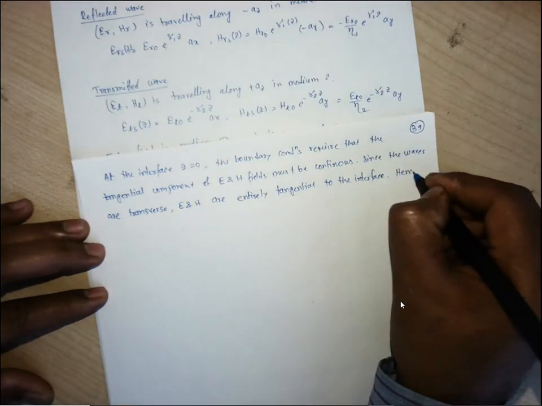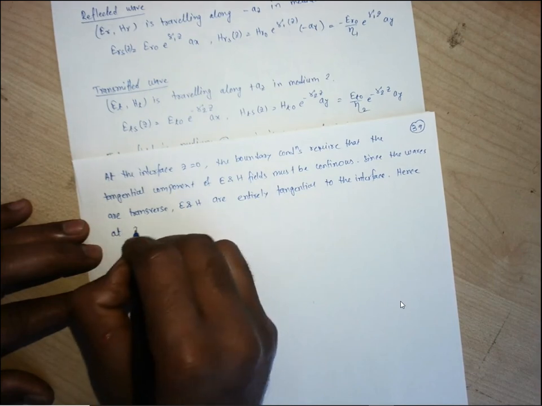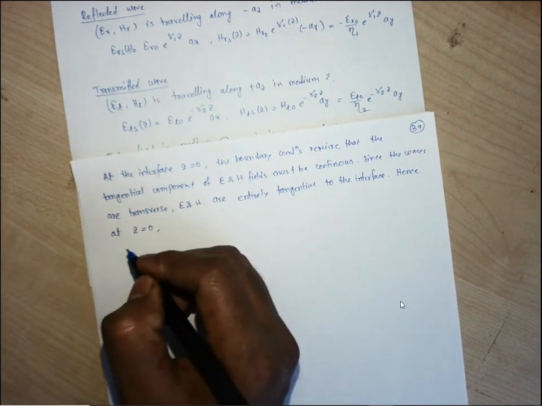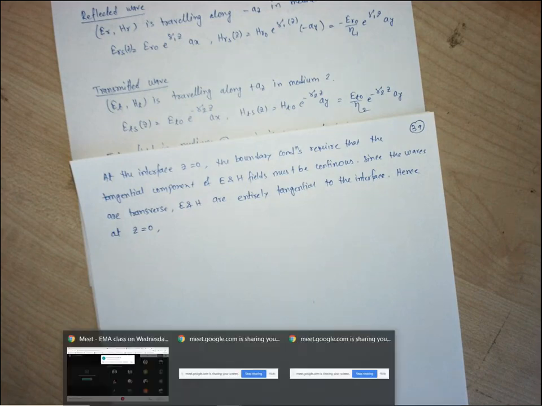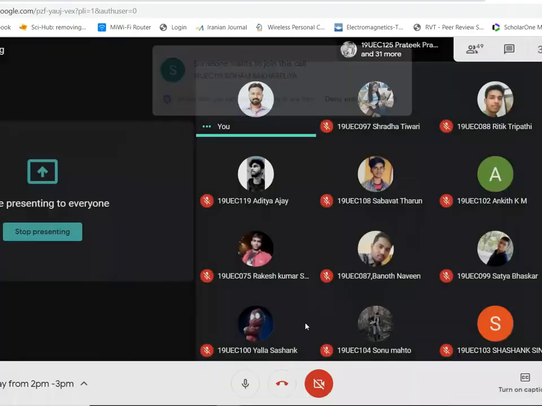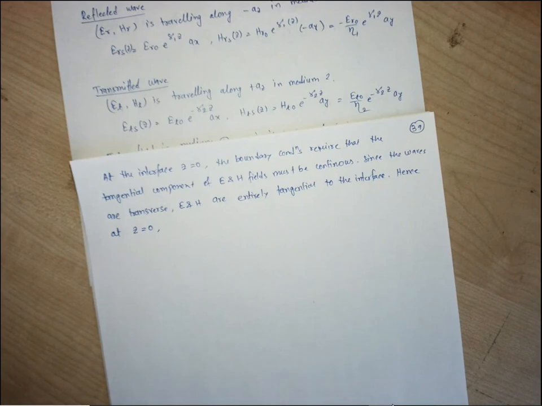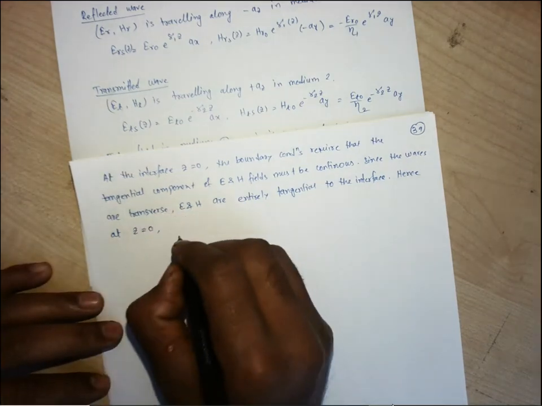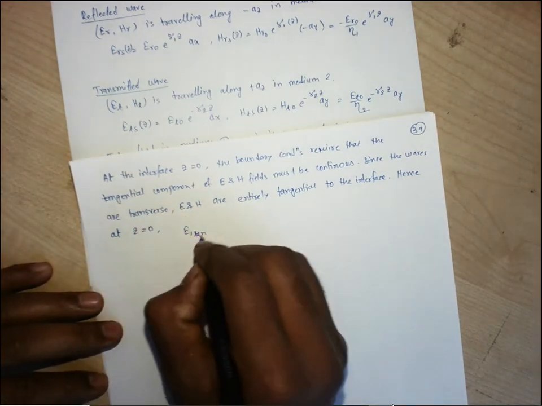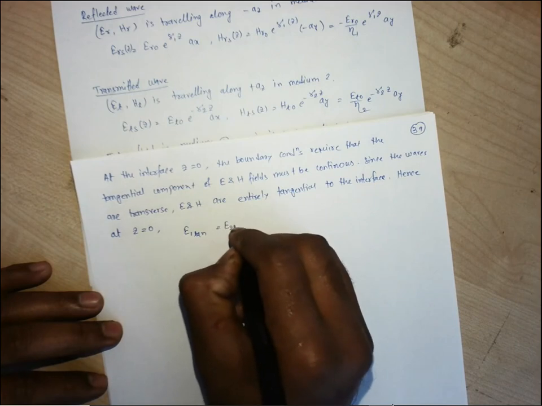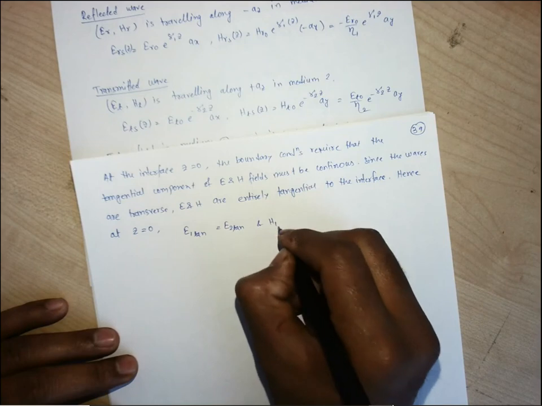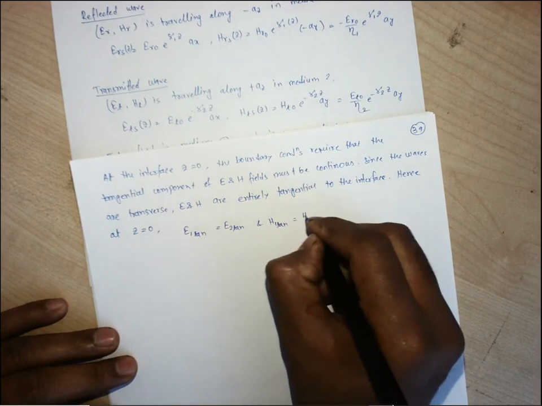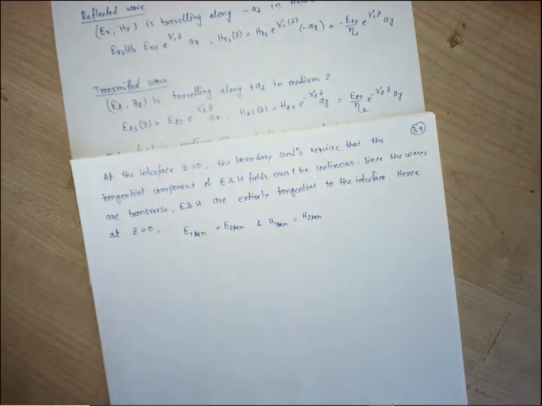Hence, at z equals to 0, we can write E1 tangential is equal to E2 tangential and H1 tangential is equal to H2 tangential, tangential components of electric field and magnetic field.